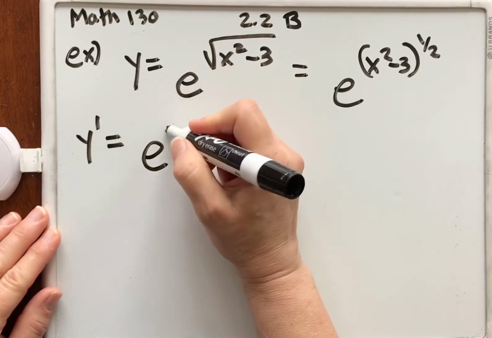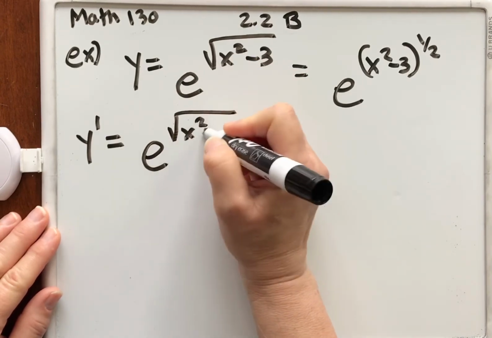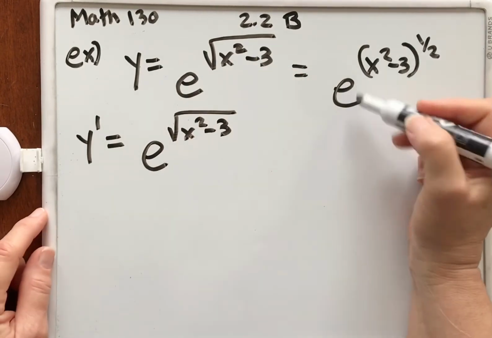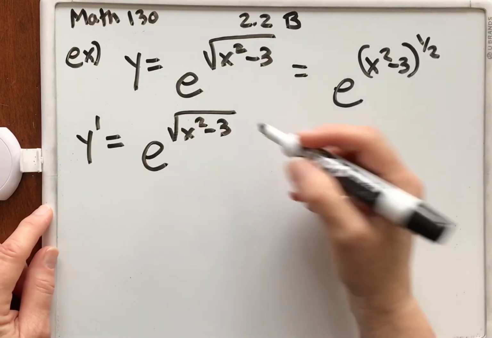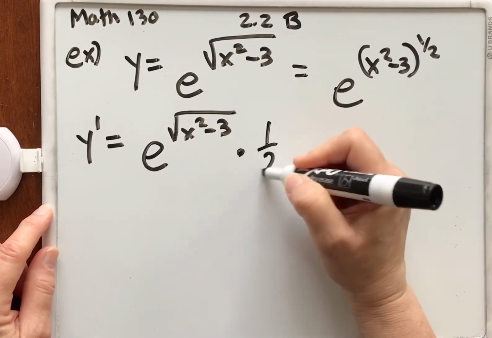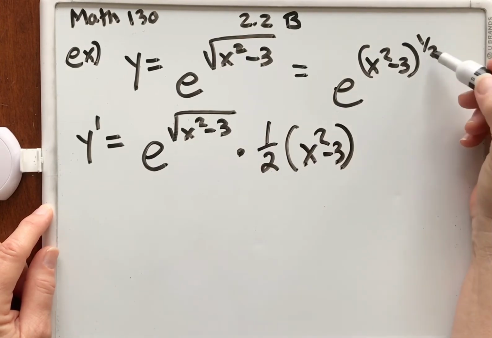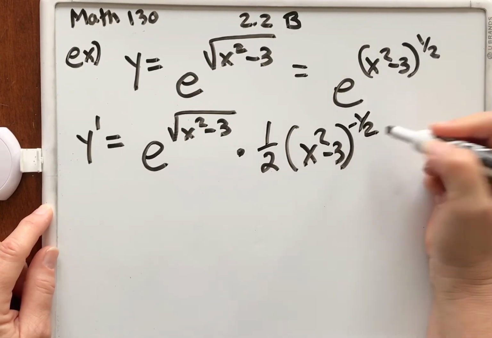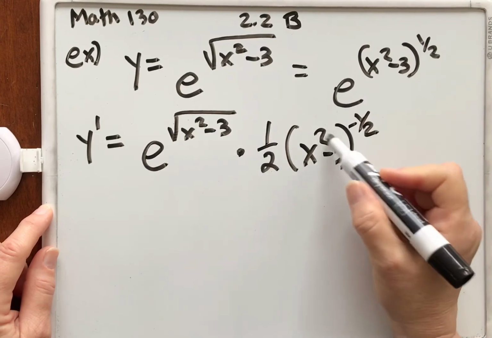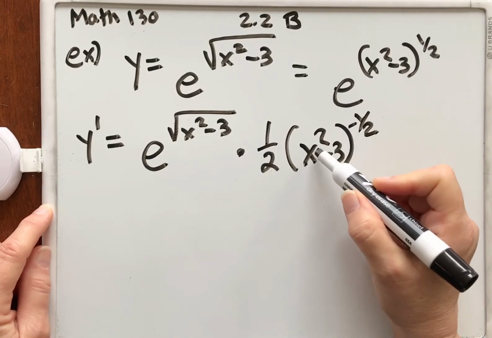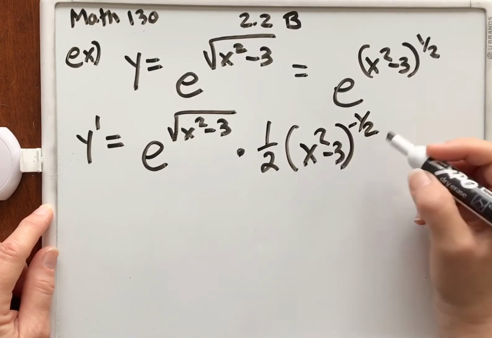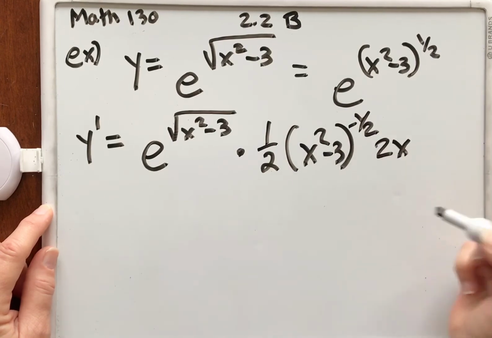I'm just going to keep the square root because we're not going to do anything with it. And then we're going to take the derivative of this exponent right here. We bring the 1/2 down, x squared minus 3 to the 1/2 minus 1, which is negative 1/2. And then we take the derivative of the inside. All right? So the derivative of x squared is 2x.